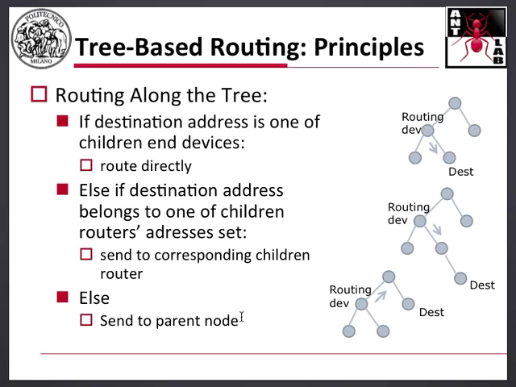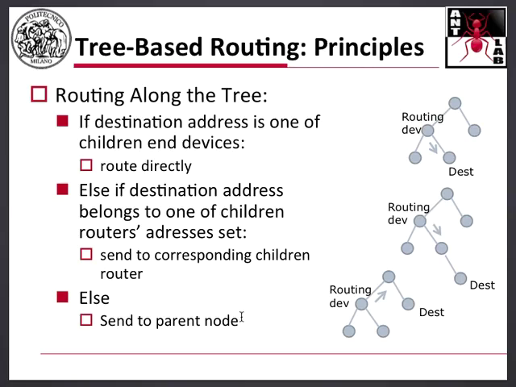How does it know? Because addresses are fixed. If I know my address, I know exactly my children's addresses. And if this is the case, I can route the packet directly to these children here.